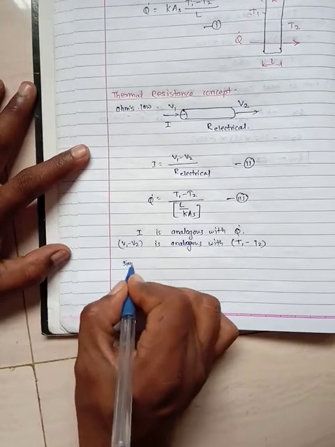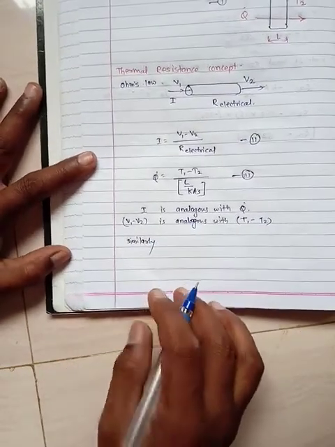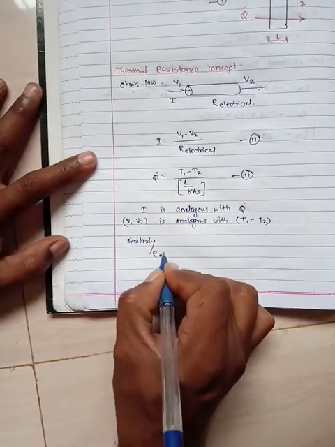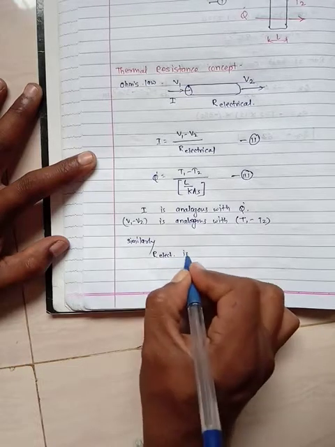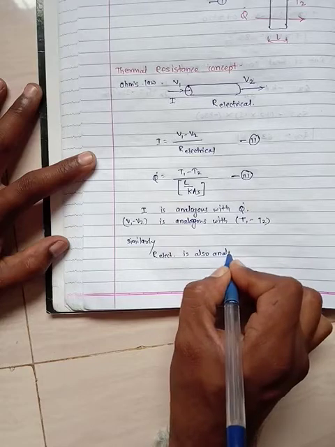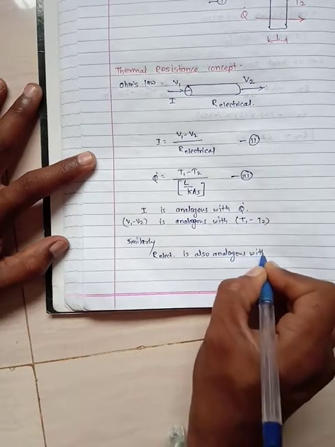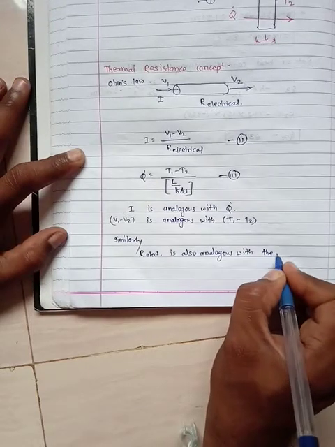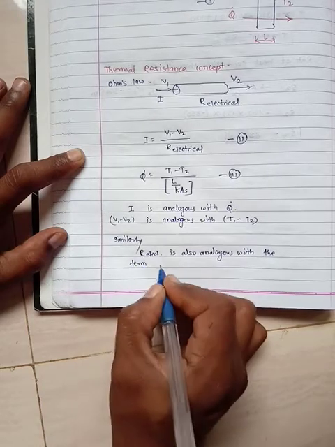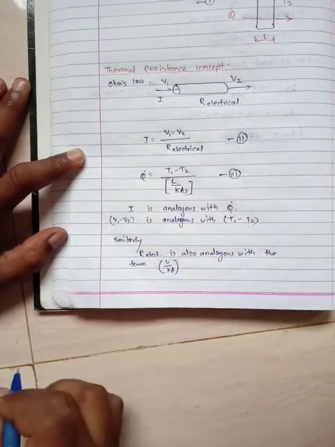Similarly, the term electrical resistance is also analogous with the term L by kAs.